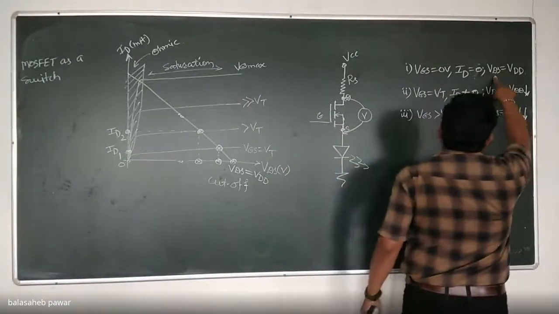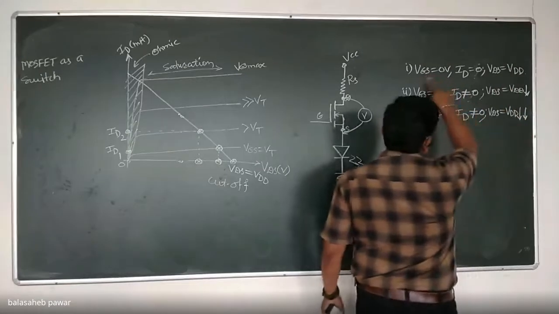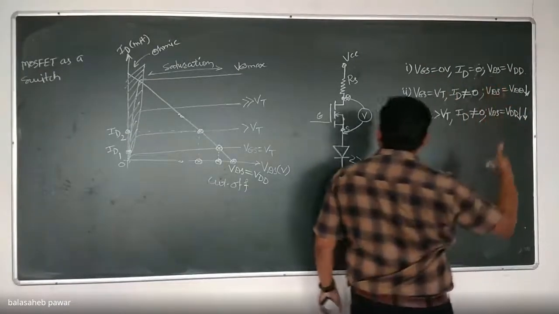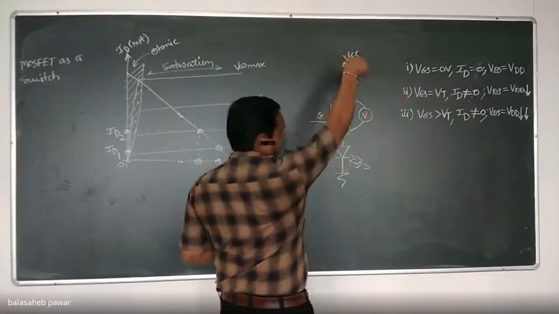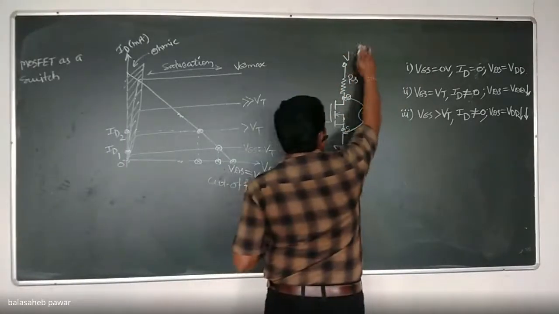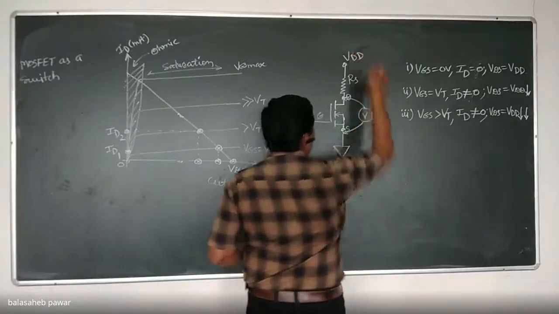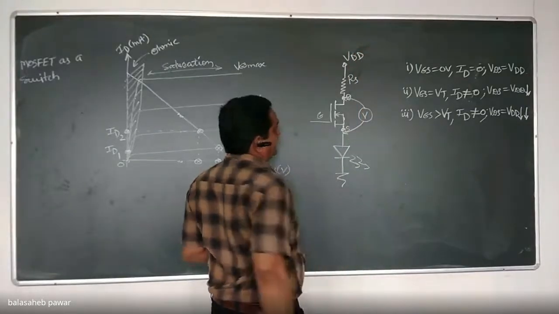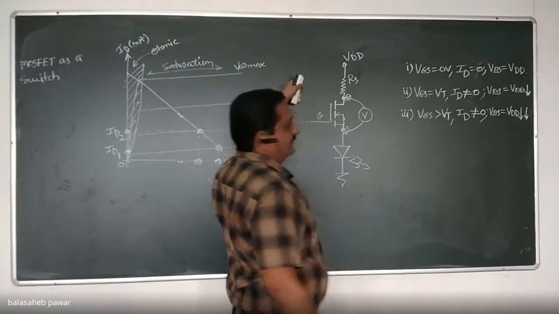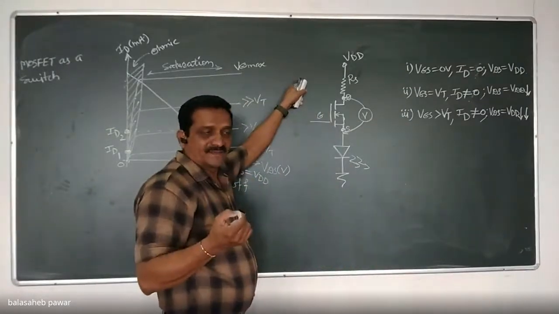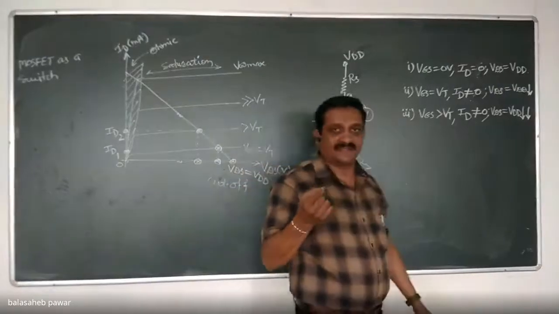These three conditions. Whenever VGS equals 0, ID will be 0, and hence the voltage across the open switch equals VCC or VDD. We will call it VDD. No issue. Correct? As per that first example I took, the manual switch. When VGS equals VT, a thin channel will get formed. A small conduction of that device takes place.